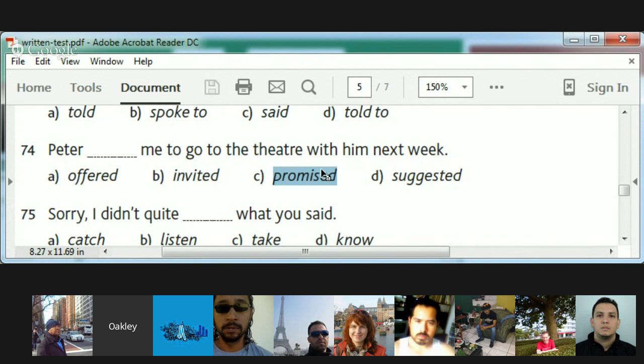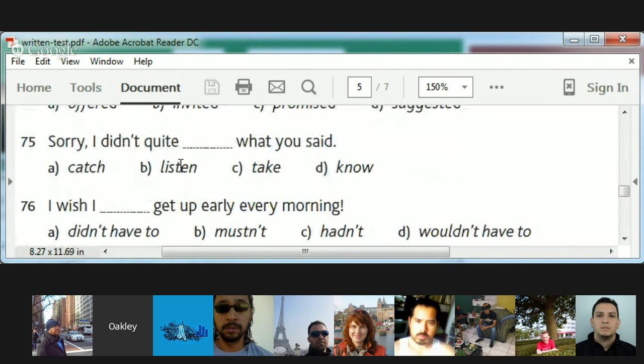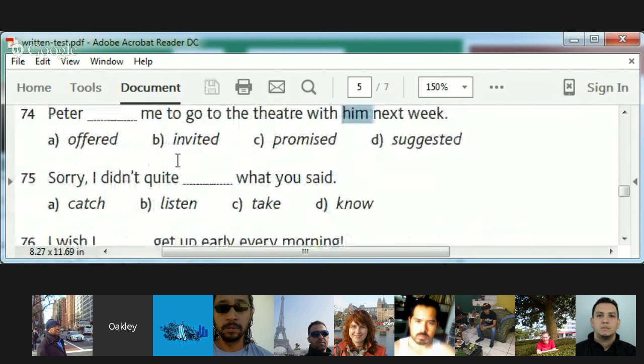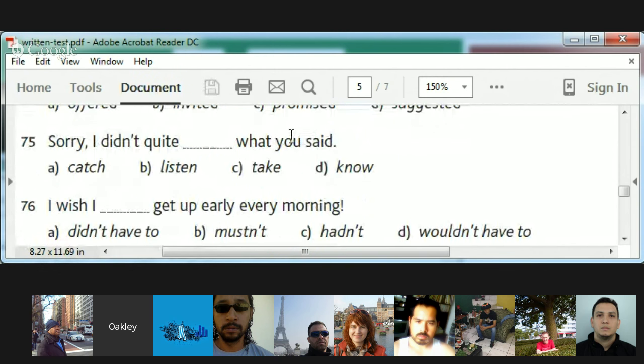If I use "me," then I have to use a completely different clause. The difference is this is not really "Peter promised to go to the theater with him, with me." You're right. It has to be reflexive back to the object noun. Okay. Anyway, let's move on.